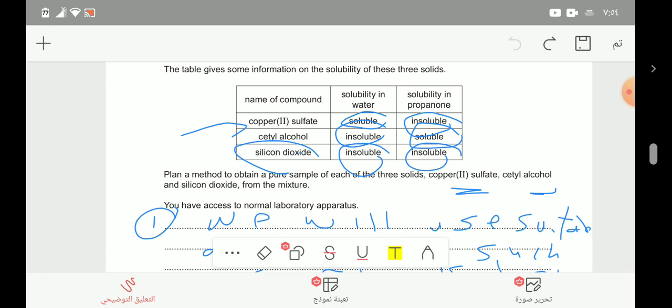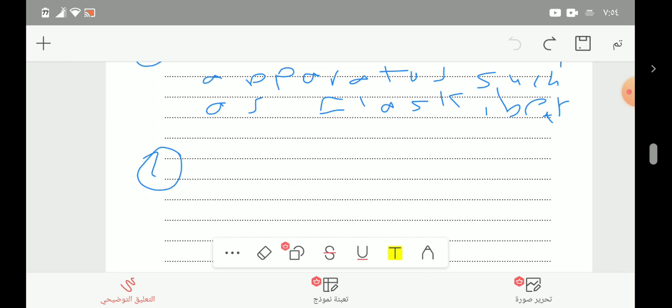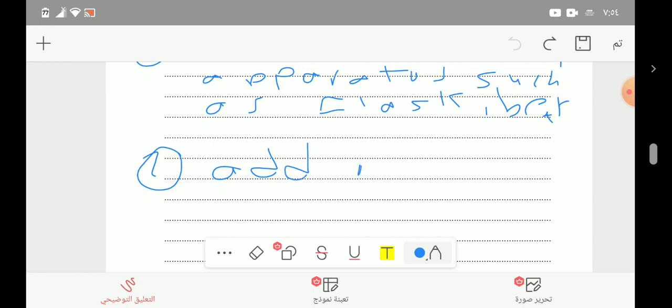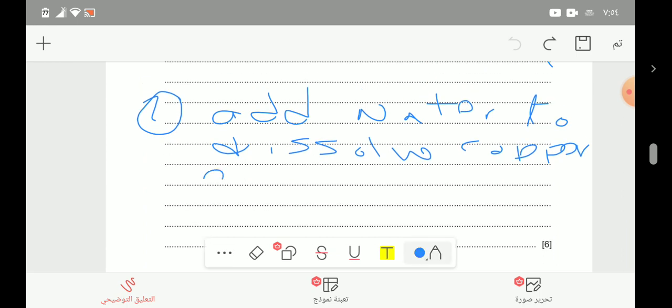So first we add water to dissolve copper 2 sulfate.